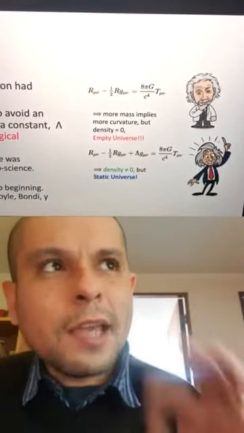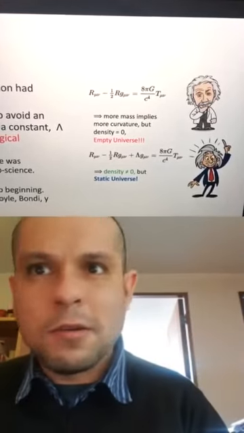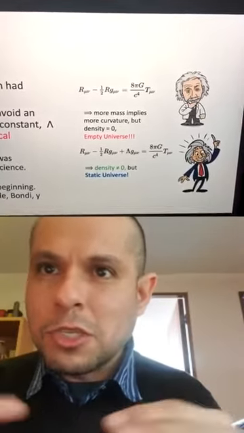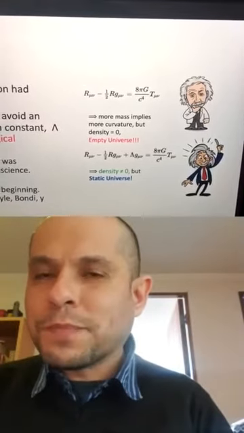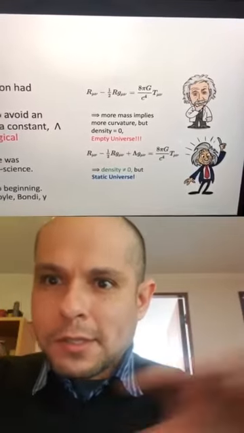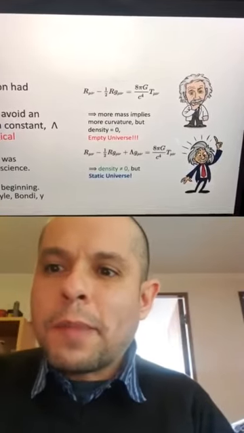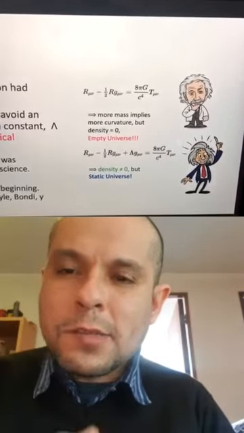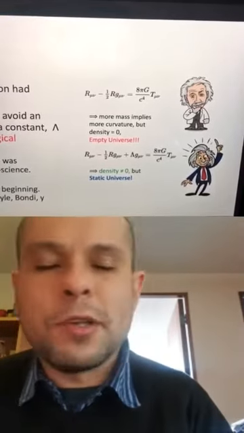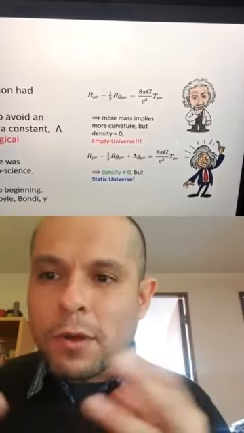Okay, I can use this equation to make predictions about the universe. Doing simplifications, like the universe is homogeneous and isotropic, so it's the same everywhere, means that he can solve this equation and make predictions. And he made some nice predictions. He predicted that the more mass you have, the more curved the space gets.